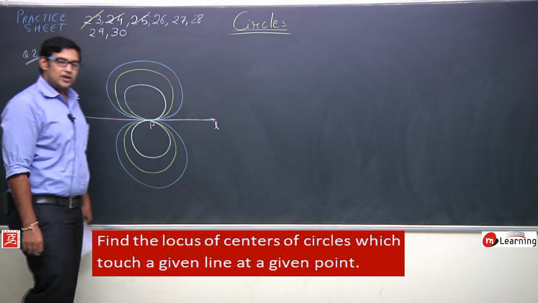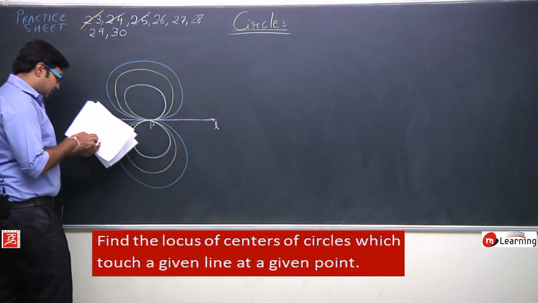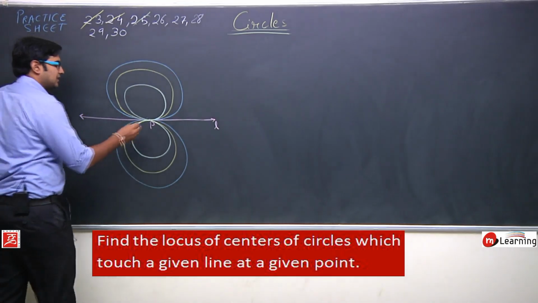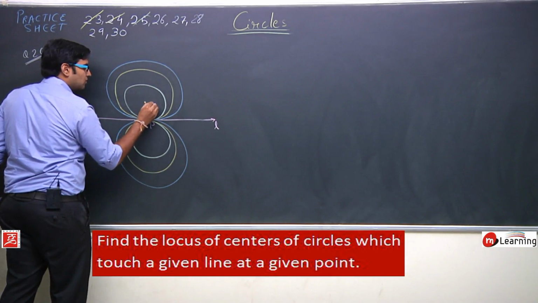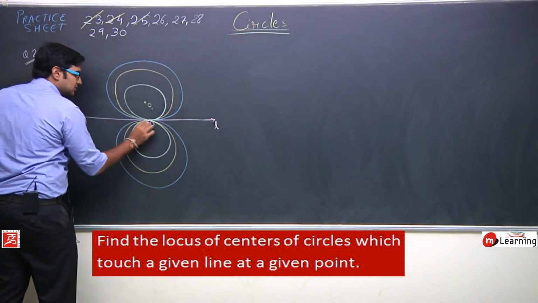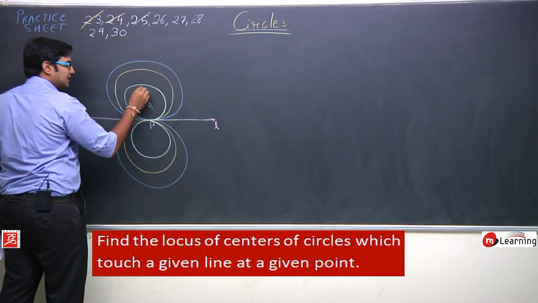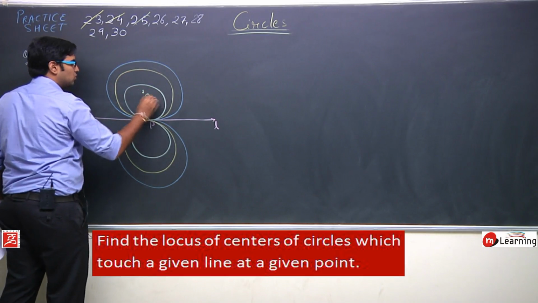But what about the centers of these circles? Let us say the center of this first circle, this small circle, is O1. Okay, let us say the center of this larger circle is somewhere here, which is O2.